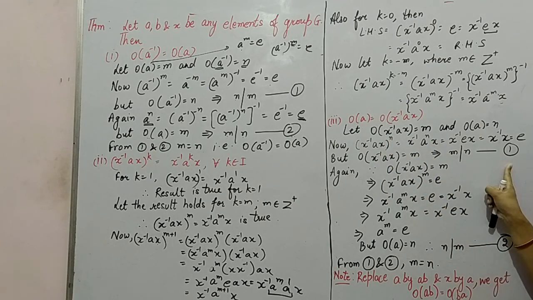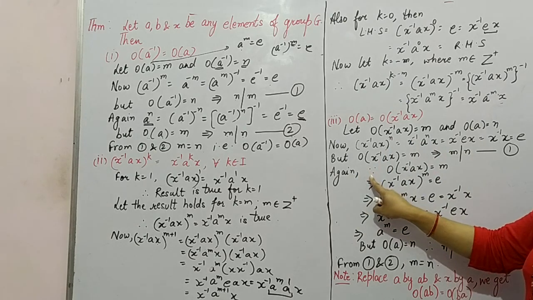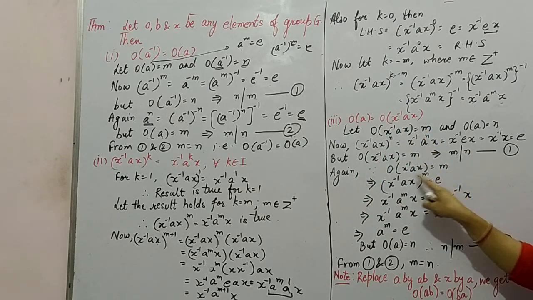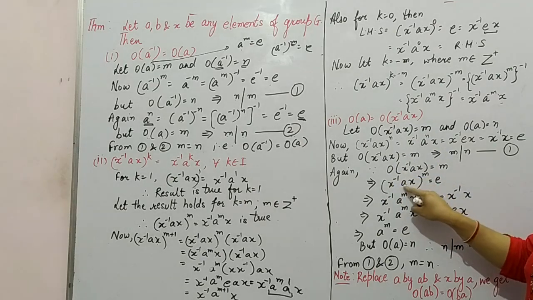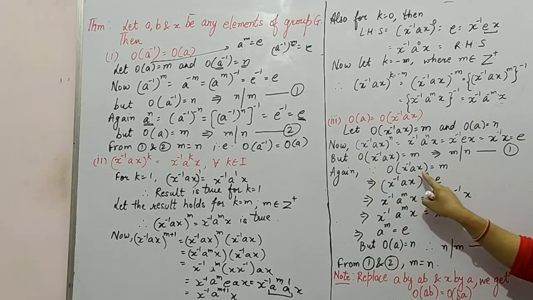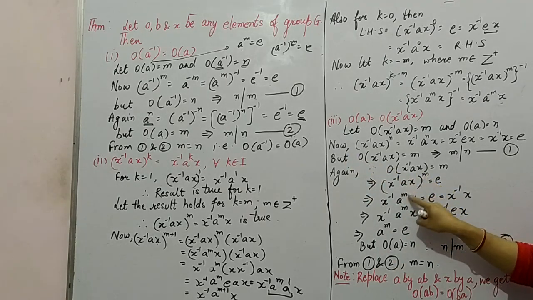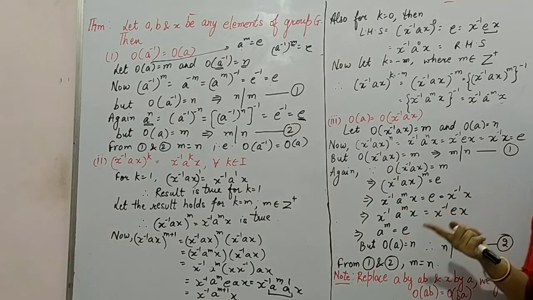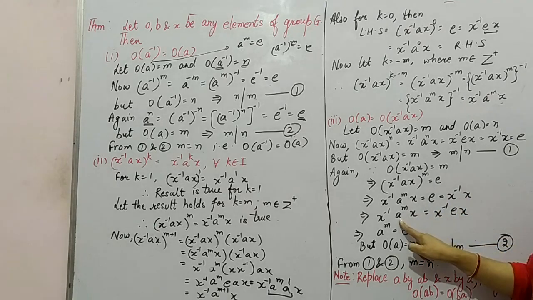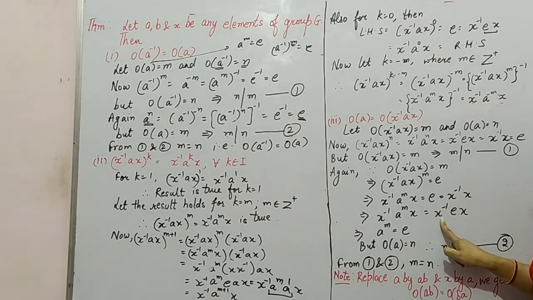Let's mark it first. Again, since the order of x inverse Ax we have already assumed to be m, we can write x inverse Ax raised to the power m is equal to identity, according to the definition of the order. Again, using the second part, you can write A^m here in the next step. Now e can be written as x inverse into x also, and in the next step, you can write x as ex. Now compare these two elements which are equal.